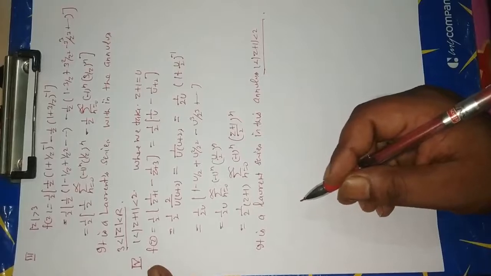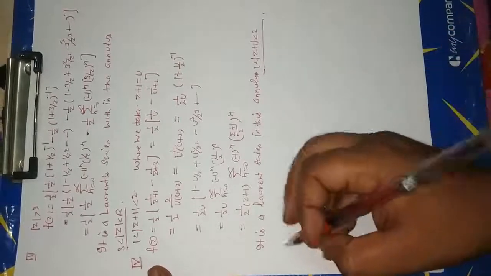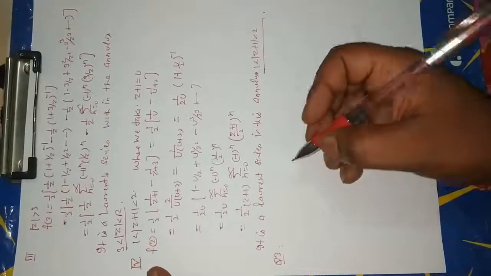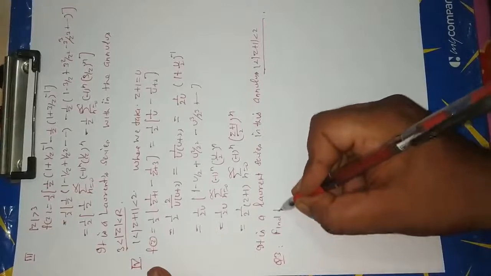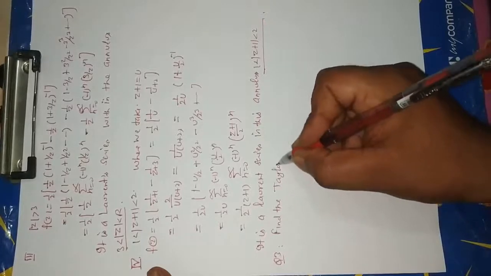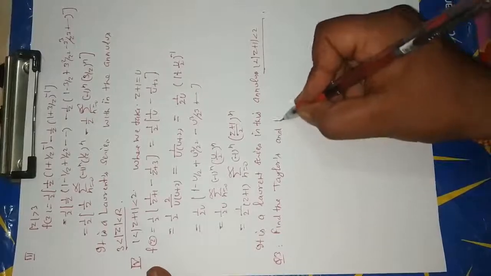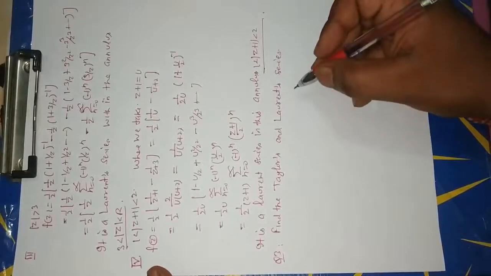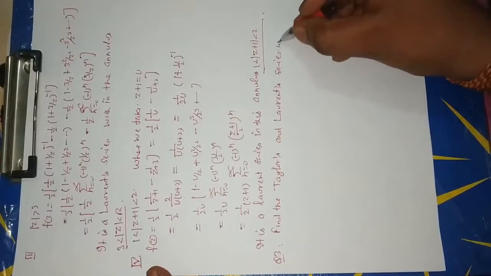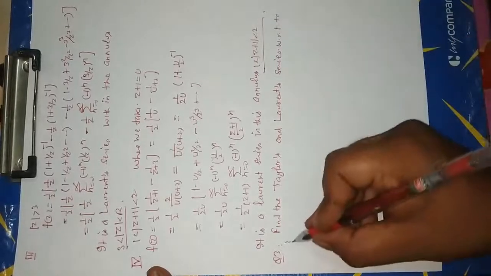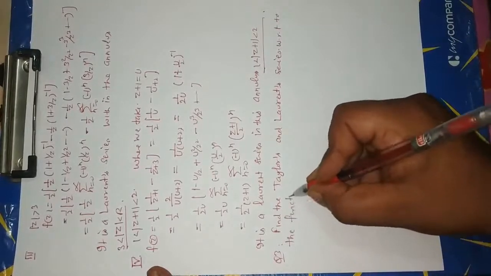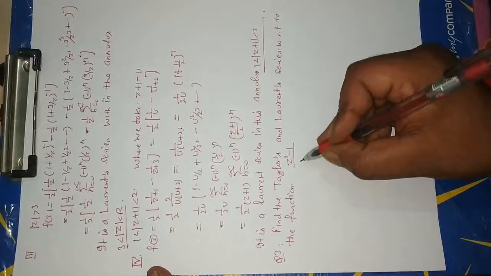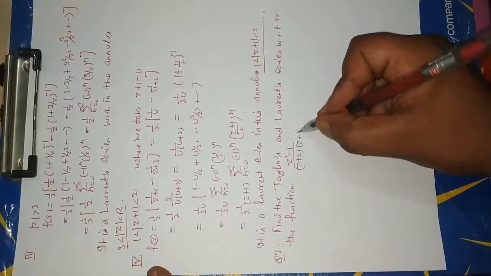Now next, question number 3. Find the Taylor and Laurent series with respect to the function z square minus 1 upon z plus 2, z plus 3.